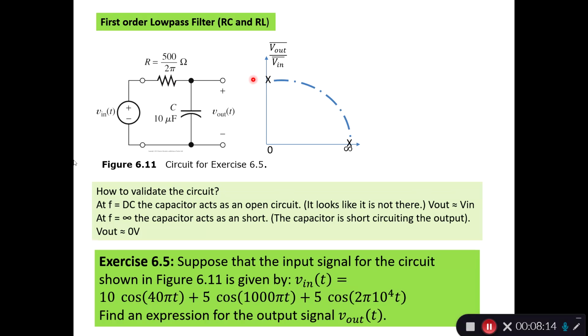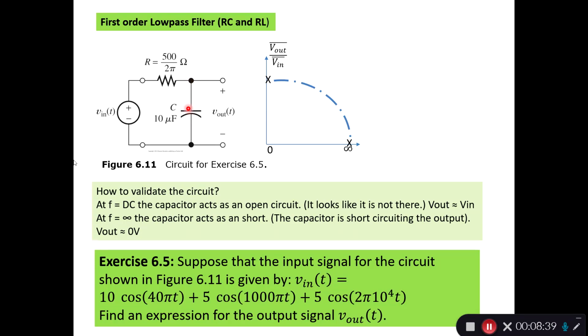Then the next step is I assume Vin has an infinite frequency. So how will the resistor act? Well, the resistor has no frequency components in it, so it's just a resistor, but the capacitor will act as a short circuit.